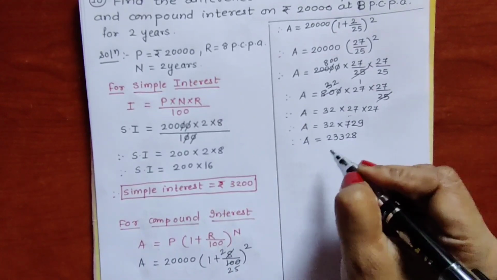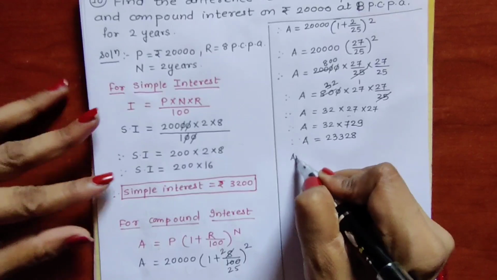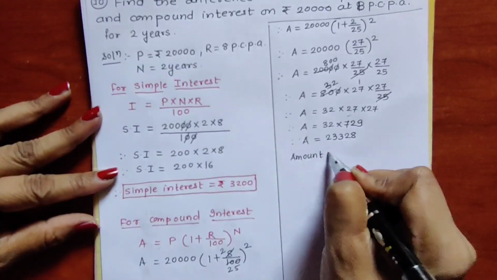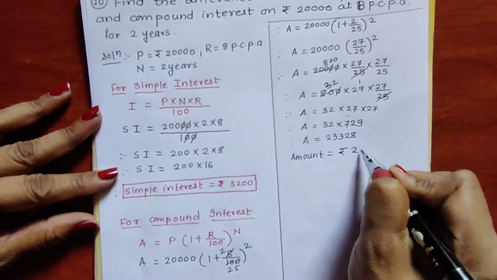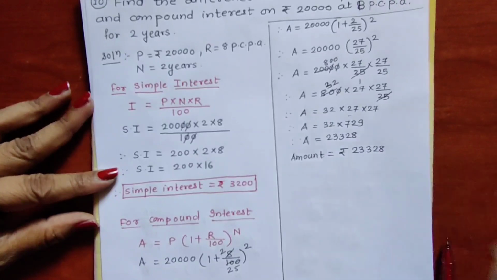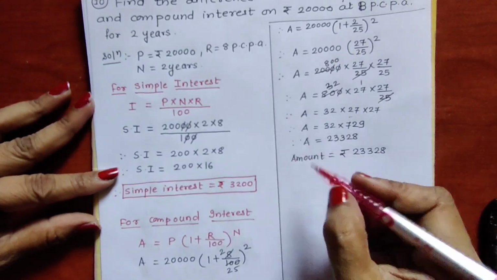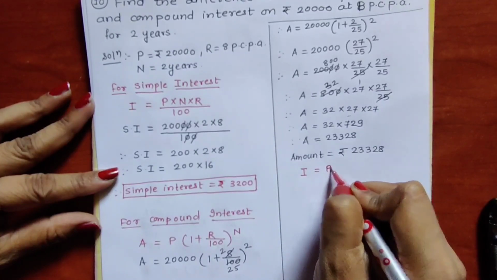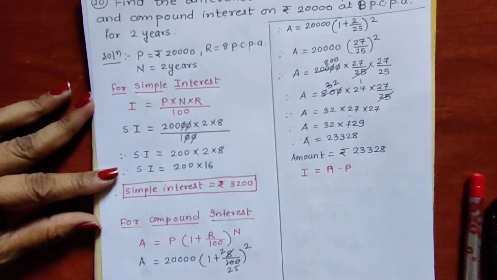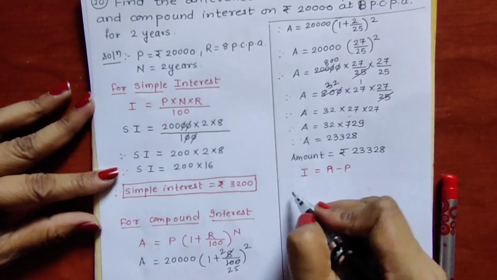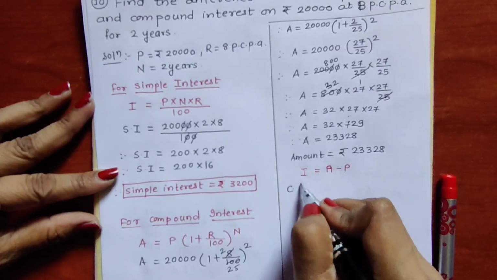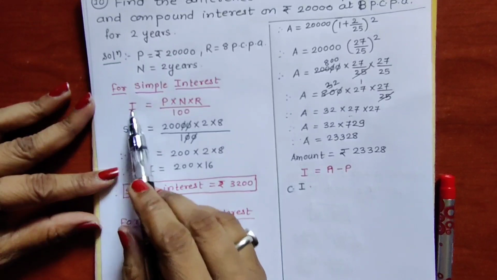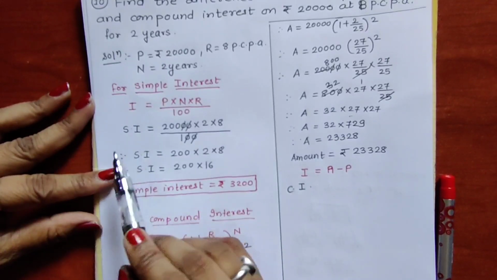This will be the answer. That is the value of amount. So amount is equal to, we are getting rupees 23,328. Now we have to find out compound interest. So interest is equal to A minus P. We all know this formula. Instead of interest, I will be writing compound interest here. Instead of interest, I have written simple interest, SI.